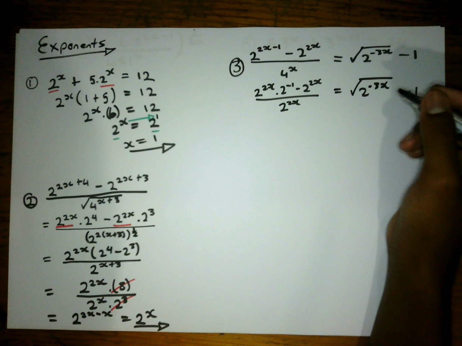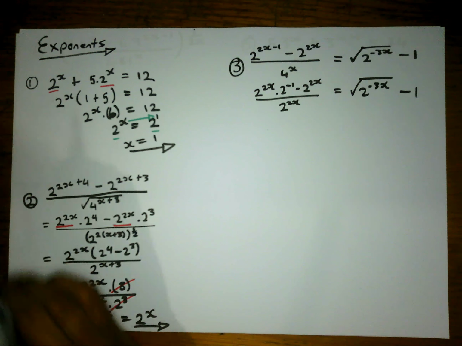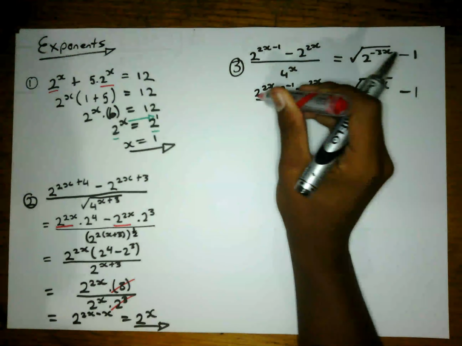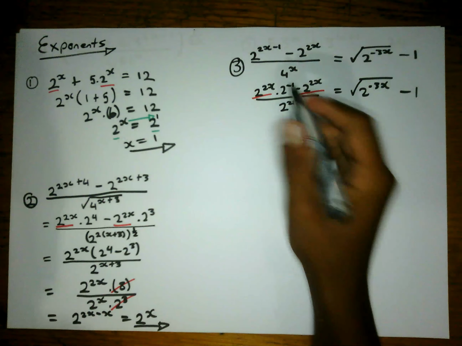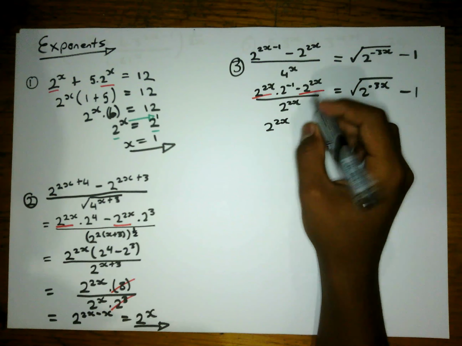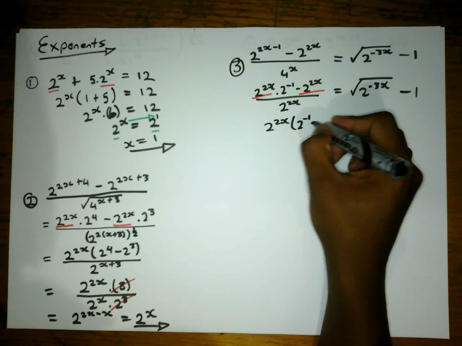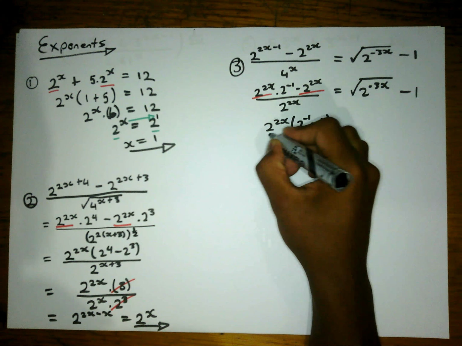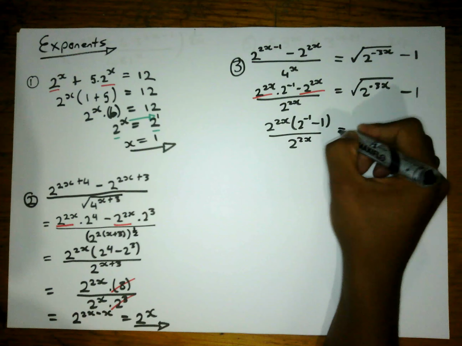We're first going to work on the one side. So again, we must now see that we are going to factorize out a 2 to the power 2x. We're left with 2 to the power negative 1 minus 1 over 2 to the power 2x.